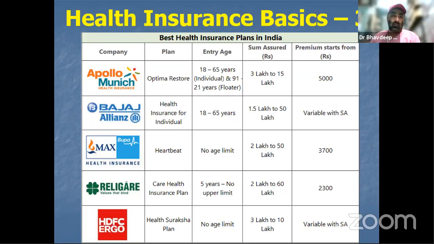One more was there, I forgot the name. So Bajaj Allianz, Max Bupa, Religare, now Care Health, now HDFC Ergo. So look out for the plan names which are there. I gave you 2 very common names, Health Suraksha and Optima Restore. Do search these out. These are good plans, and surely you will find something useful accordingly.